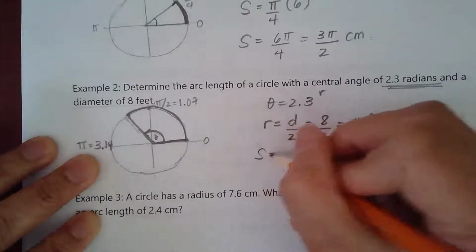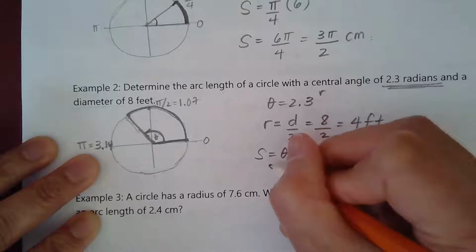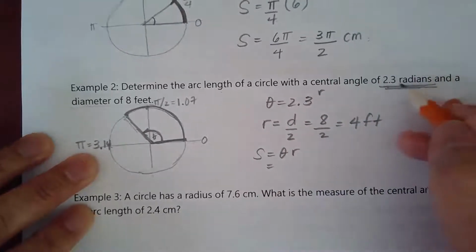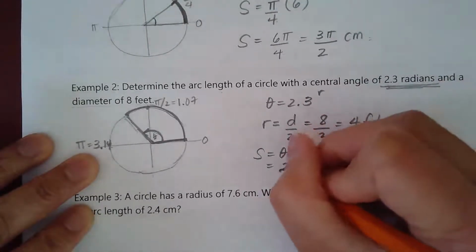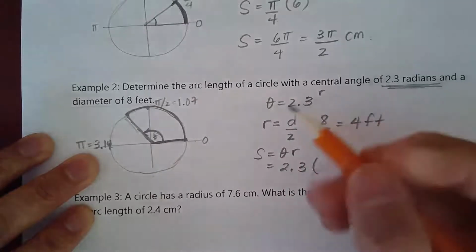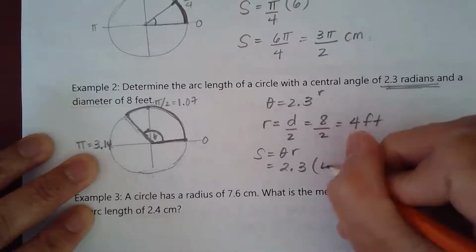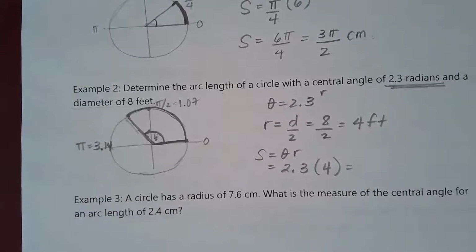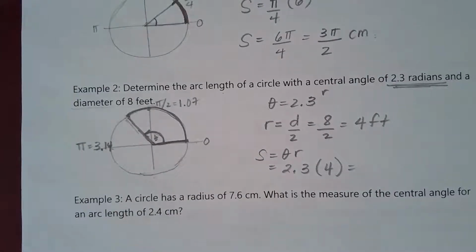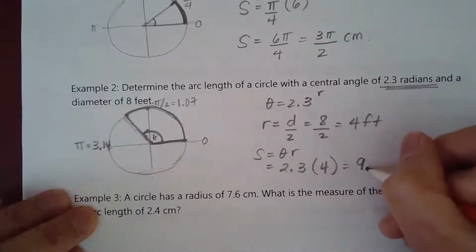So S is equal to theta times r. Theta is the angle, so 2.3, times radius. Radius is 4. So 2.3 times 4 is going to give us 9.2.